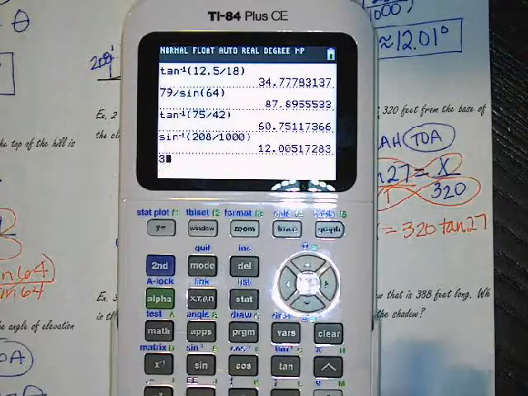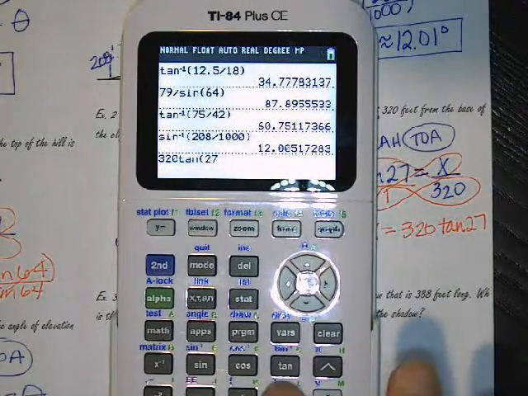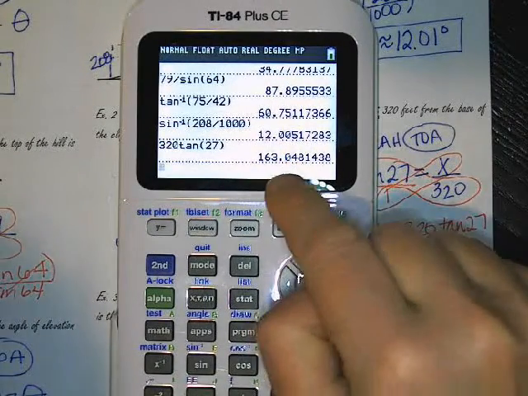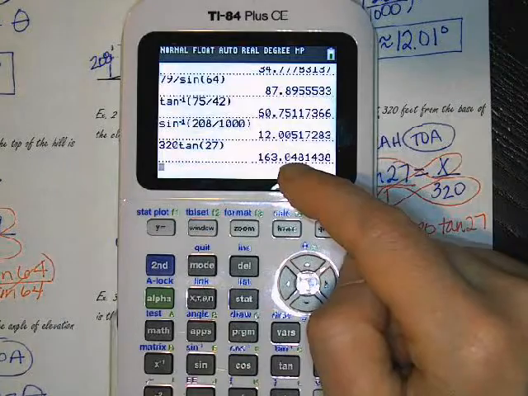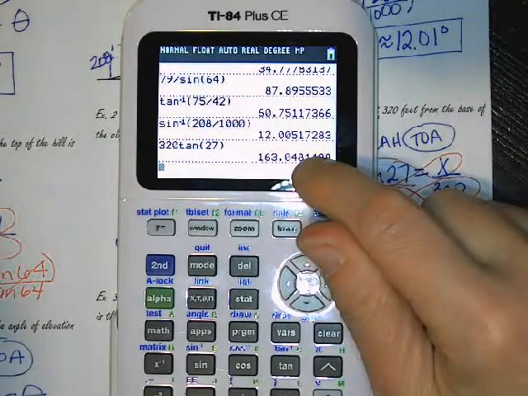Now remember, all you have to do is type 320, then type tangent, and then type 27, parentheses, and you get your number. So it's 163.04, and that 4 is going to turn into a 5 because of the 8 after the 4. Okay? So the height of the tower is 163.05 feet. I'm sorry, it's not a tower, it's a cliff. I should get my problems right.